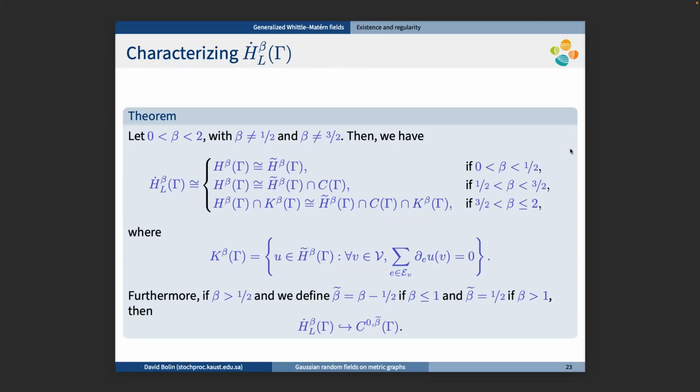These spaces are basically interpolation spaces between the integer powers. So for instance, if you go with beta from 0 to 1/2, you basically do not have any boundary conditions. And then as beta goes above a half, you start to get continuity. So something is happening at a half regarding the boundary conditions.